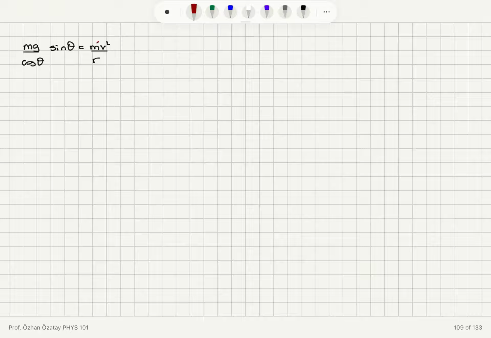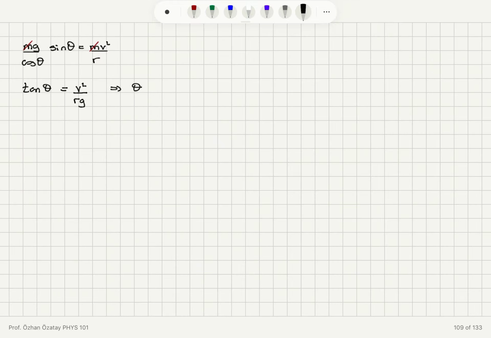The mass is not important here, mass cancels. So I find that I have tangent theta, sine theta divided by cosine theta. Let me continue here. Tangent theta is equal to v squared divided by rg.